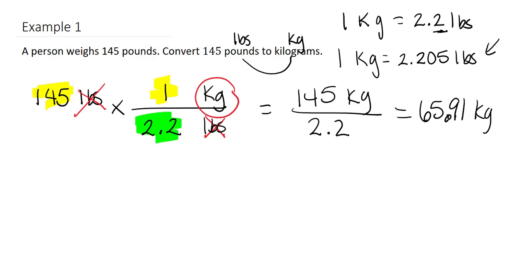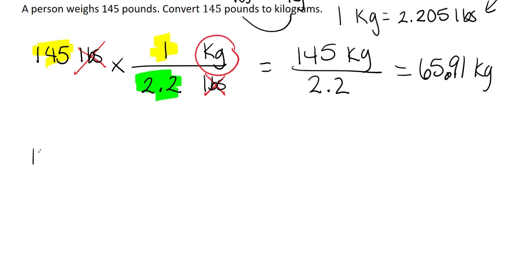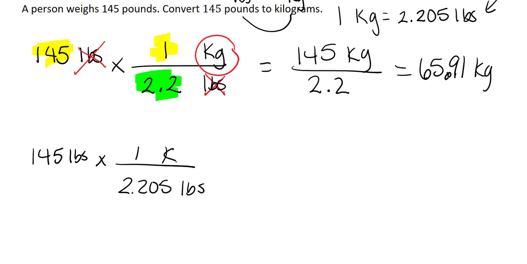But let's go back and say, what if we wanted to go 145 pounds and then 1 over 2.205 pounds? I just want to show you how similar these answers are. Pounds still cross out, and we're left with kilograms.